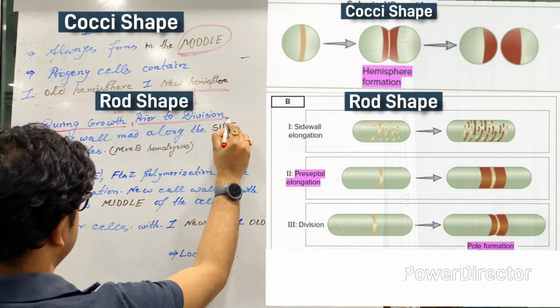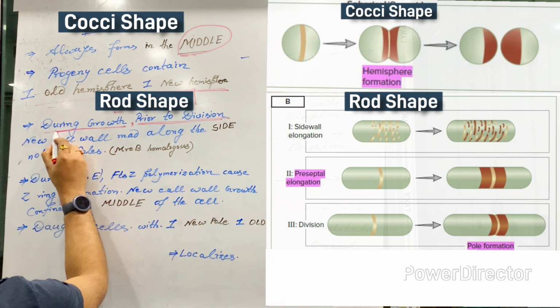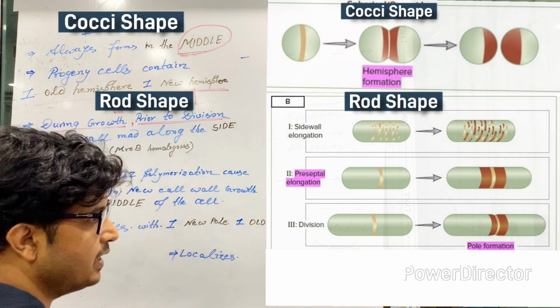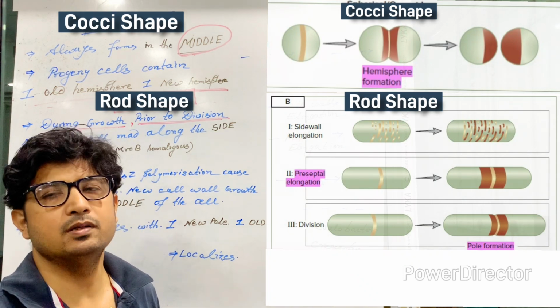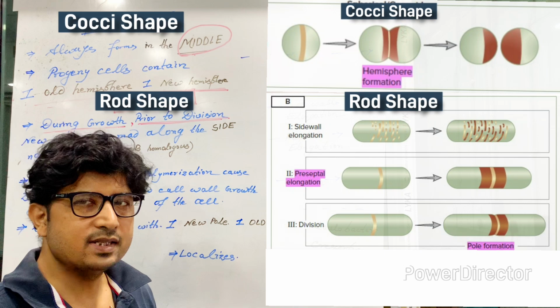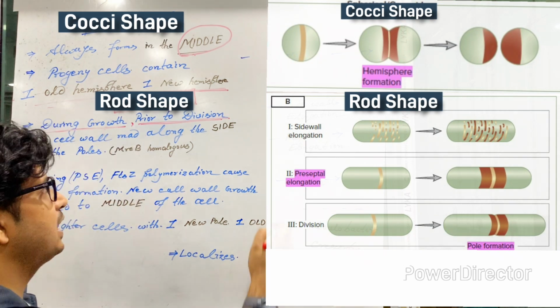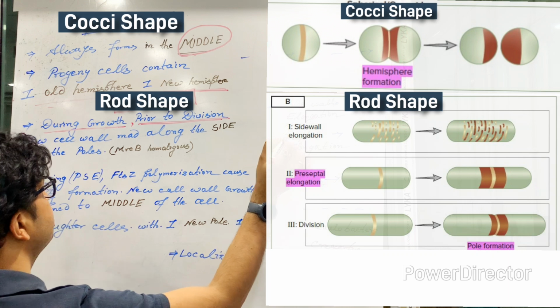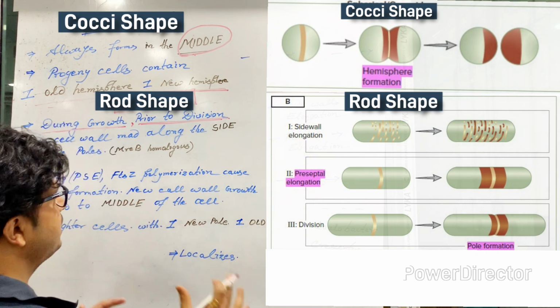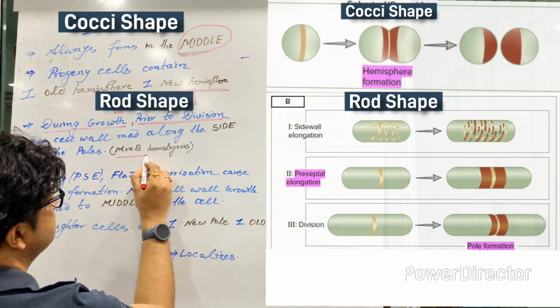Division has not yet started, but growth is taking place, meaning it is increasing its cell components, cytoplasm, ribosomes, cellular size, and that I am telling you, sidewall elongation. Sidewall elongation is a very important thing here, which is assisted by MreB homologs.